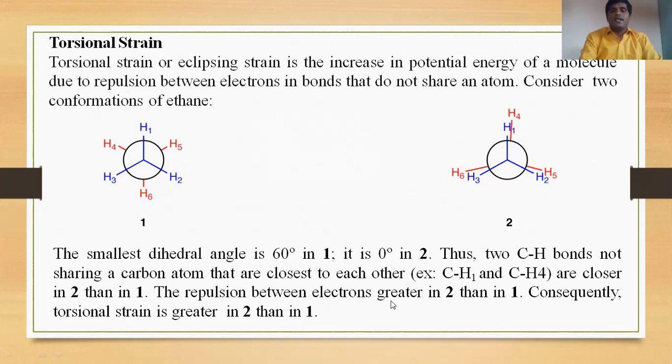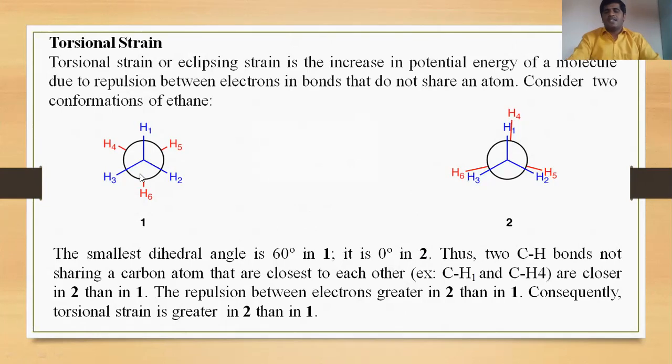So repulsion between electrons is greater in the second rather than the first. Consequently, the torsional strain is higher in the second rather than the first. Torsional strain is higher in this structure because the repulsion is higher, because steric energy will be generated, and the torsional angle is lower. Due to the torsional angle being less, that will create high torsional strain. So the second compound has more torsional strain than the first.